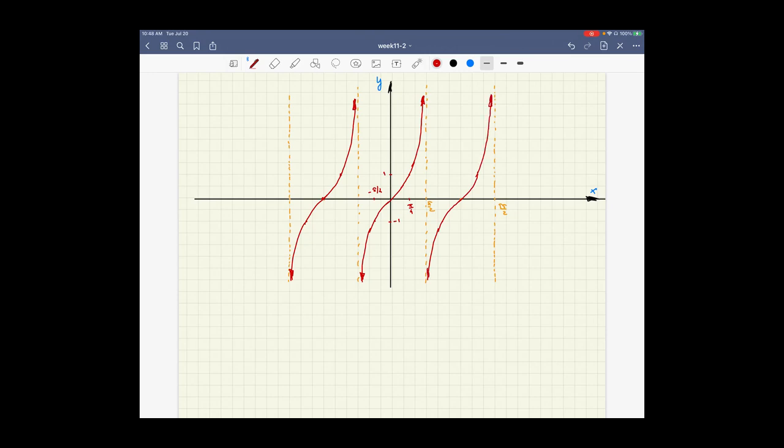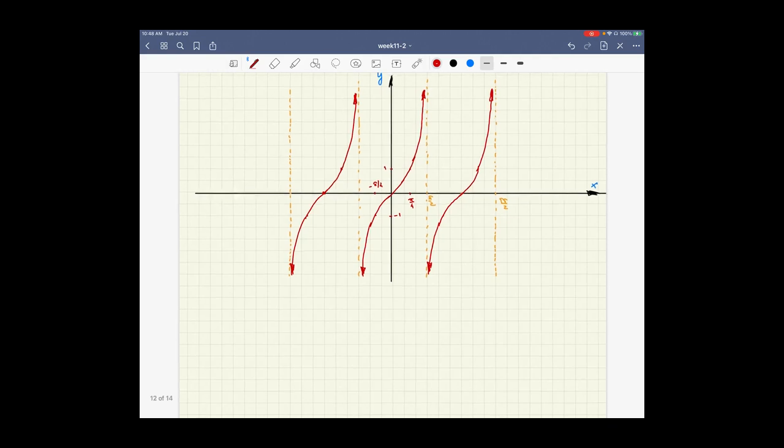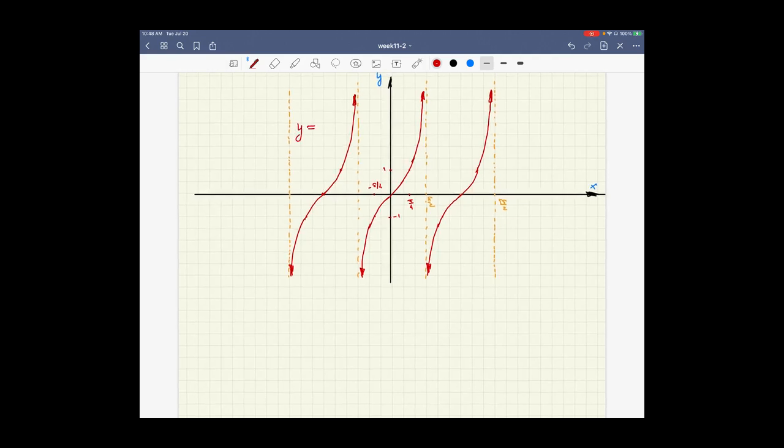And there are infinitely many more branches like this. This is the graph of tangent x.